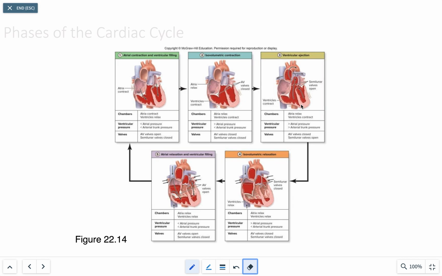Once the ventricles have contracted, what we see next is the atrial relaxation, or the filling. Again, the semilunar valves, the pulmonic and the aortic valves, are going to close. We're going to see blood entering in from the superior and inferior vena cava, and it's going to begin to fill the atria. At that time, the tricuspid and the mitral valves are open to begin the ventricular pre-filling.